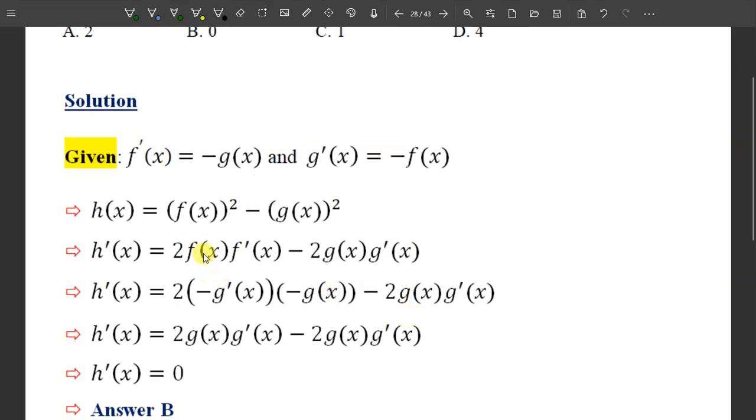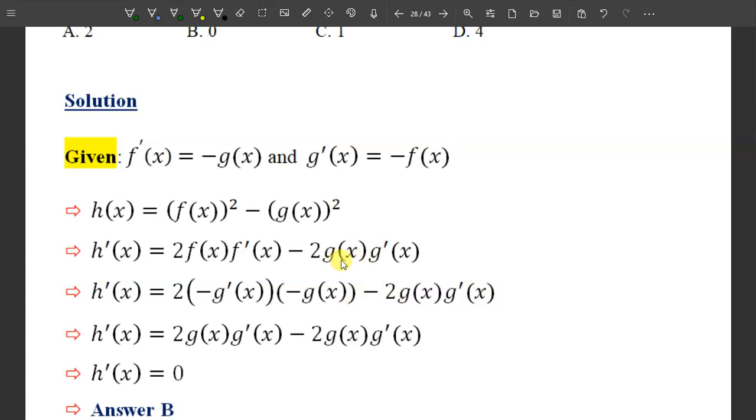Since f of x is given as minus g prime of x, replace f of x by minus g prime of x. Remember we have 2 here as a coefficient. And also, f prime of x is equal to minus g of x, so replace f prime of x by minus g of x.